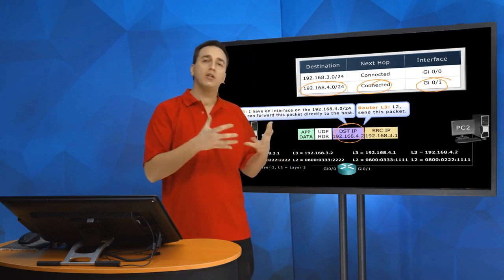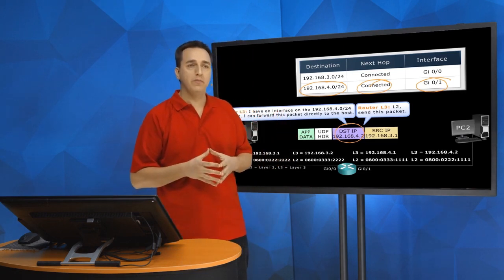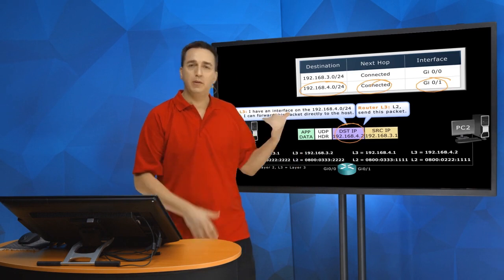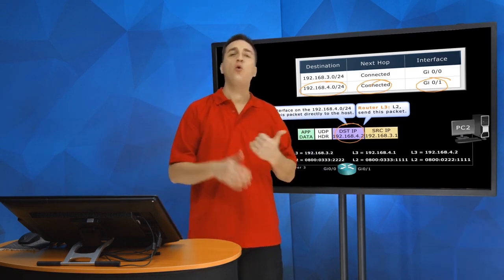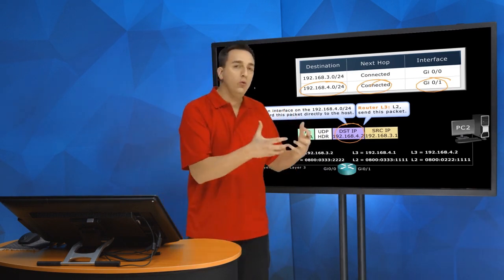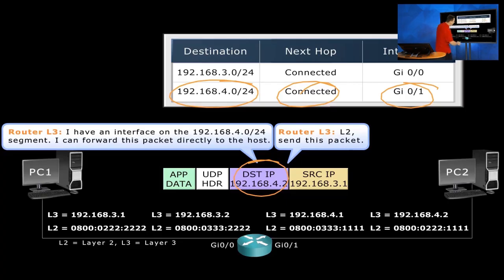So what's the source MAC address going to be this time? Is it going to be PC1's MAC address again? No, of course not, because who is the frame coming from now? The frame is coming from gig 0/1 on our router. So the source MAC has to be the router's gig 0/1 MAC address now.